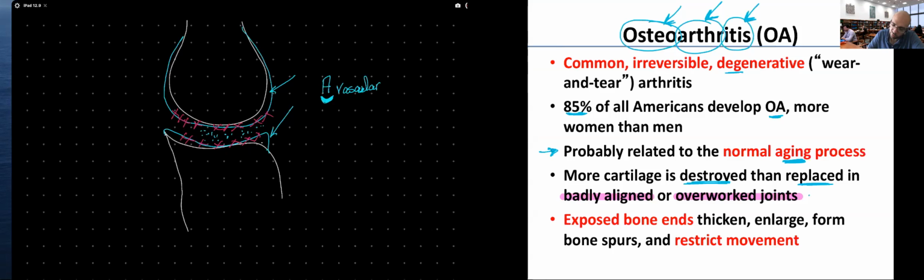So if I have broken down the cartilage, now the bony surfaces are articulating, rubbing against one another. So what's going to happen? Those bony ends are going to get inflamed. They will become thickened, enlarged, and they will be broken down into smaller pieces. And those small bone pieces will result in restriction of the joint movement.